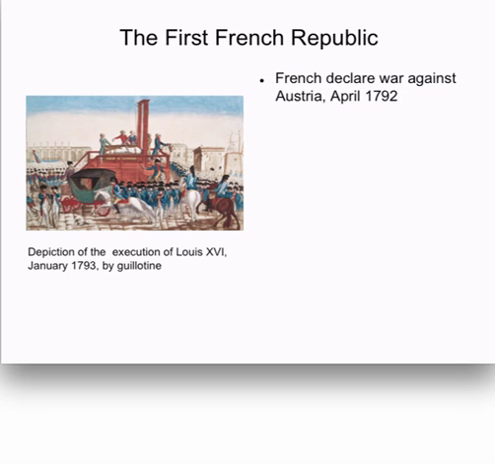In an attempt to fire up patriotic fervor in revolutionary France, the French decided to declare war against the Holy Roman Empire, or the Austro-Hungarian Empire, in April of 1792, supposedly to defend the revolution from the royalist threat.